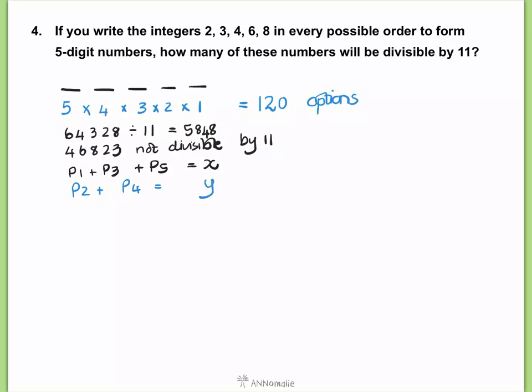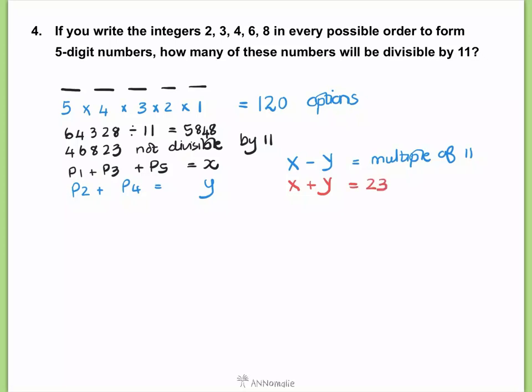So if I look at x minus y, it must be equal to a multiple of 11. That's the divisibility rule for 11. And secondly, we know that x plus y, the sum of the digits, 6 plus 4 plus 3 plus 2 plus 8, will give us 23.